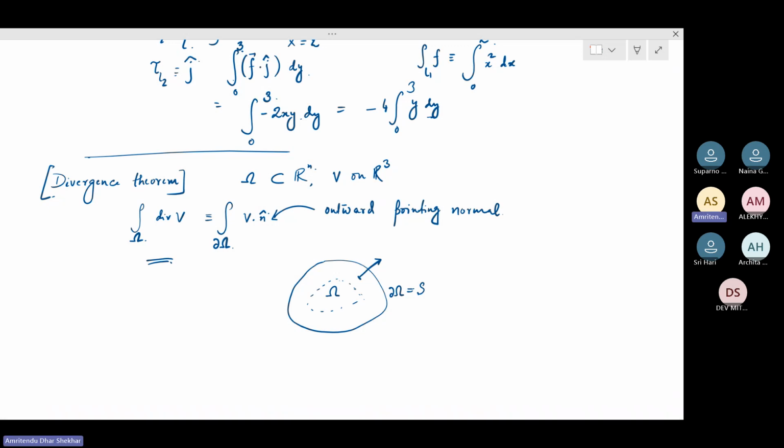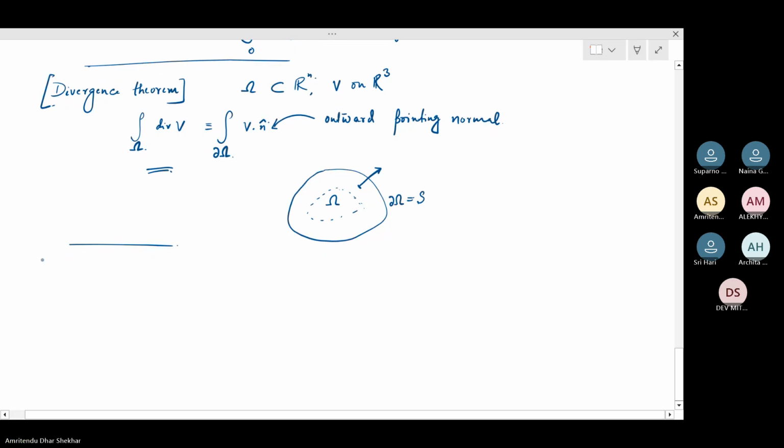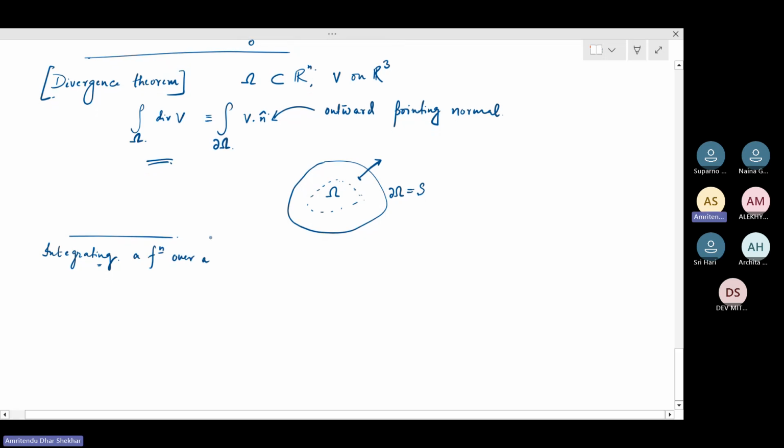Now, the question is, how does this theorem help us? So let's say now we come to this point, which is integrating a function over a surface.